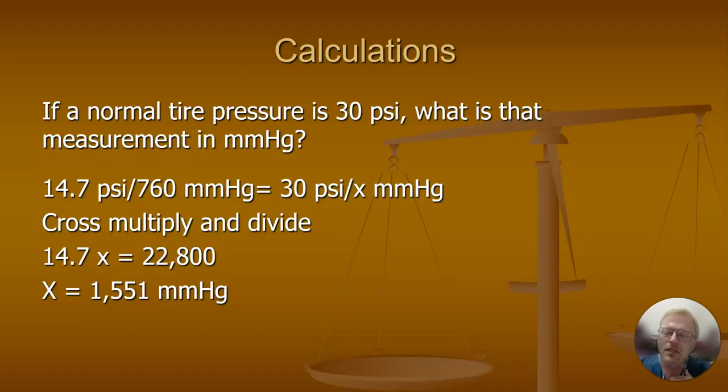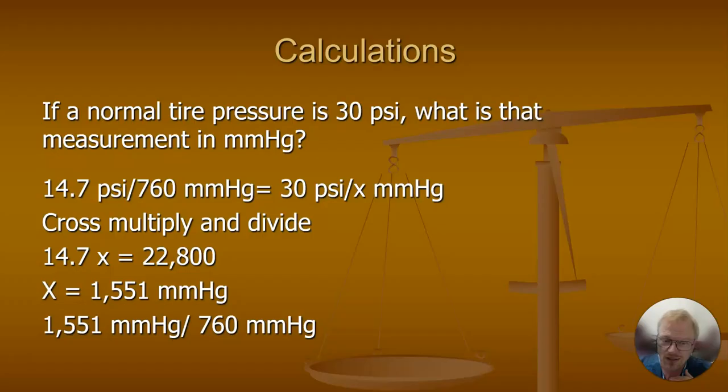So what does that mean to you? Well, we can convert that into atmospheres. All I have to do is say I have 1,551 millimeters of mercury, and 1 atmosphere is 760 millimeters of mercury.